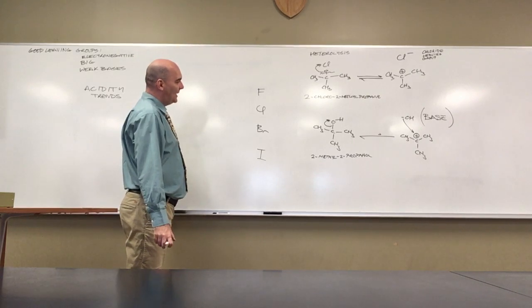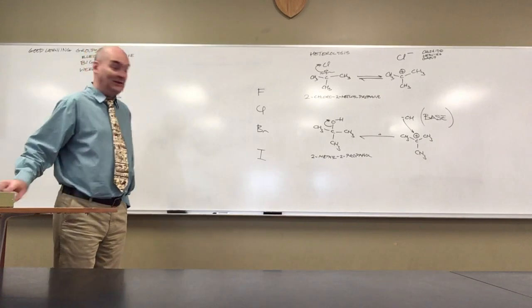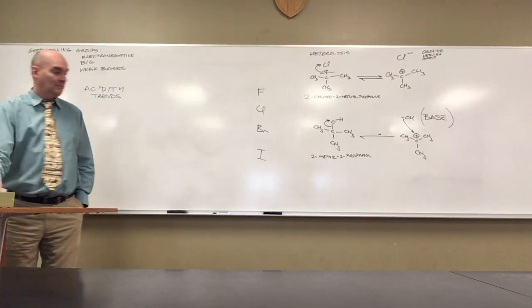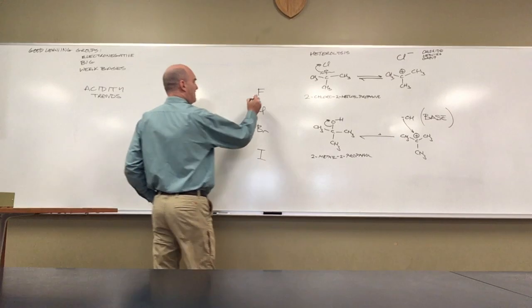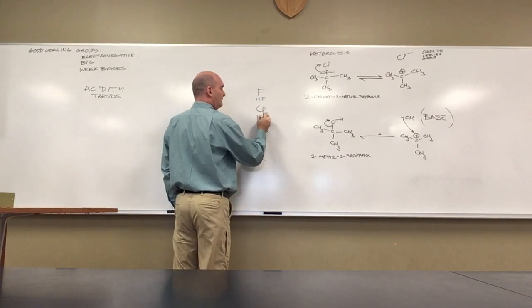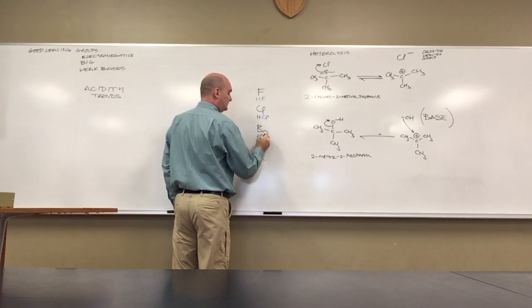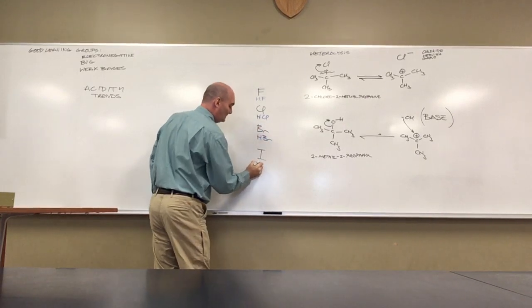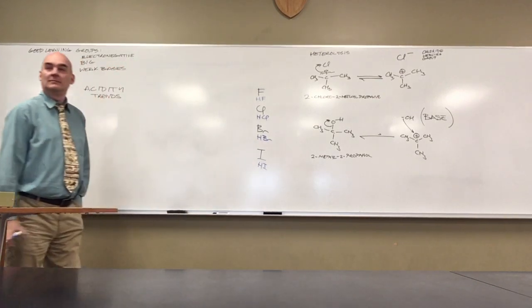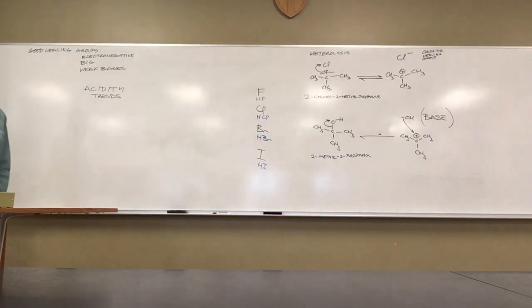Okay, I'm going to talk about acidity. So the thing to do when you talk about acidity is add hydrogen and make each of those atoms actually be the acid.